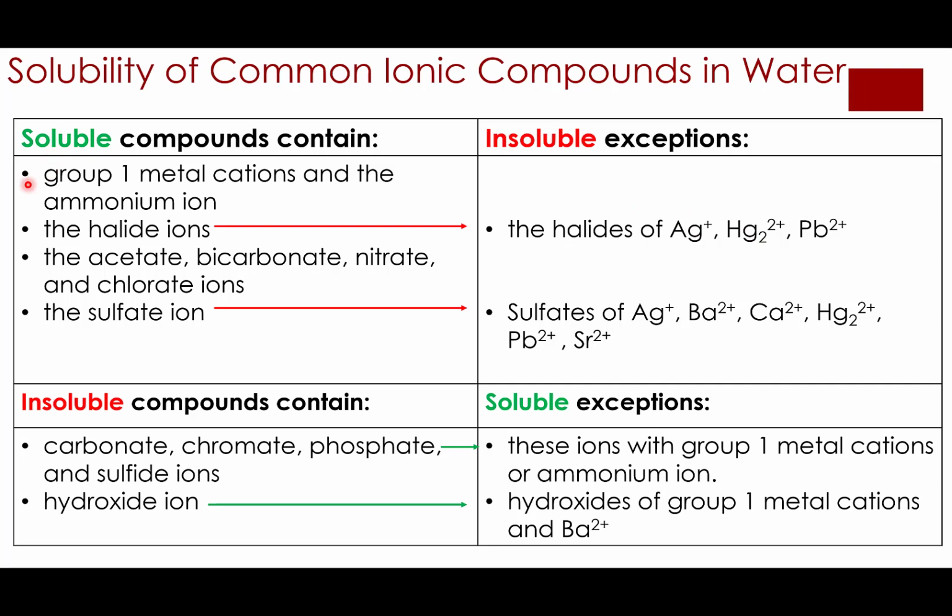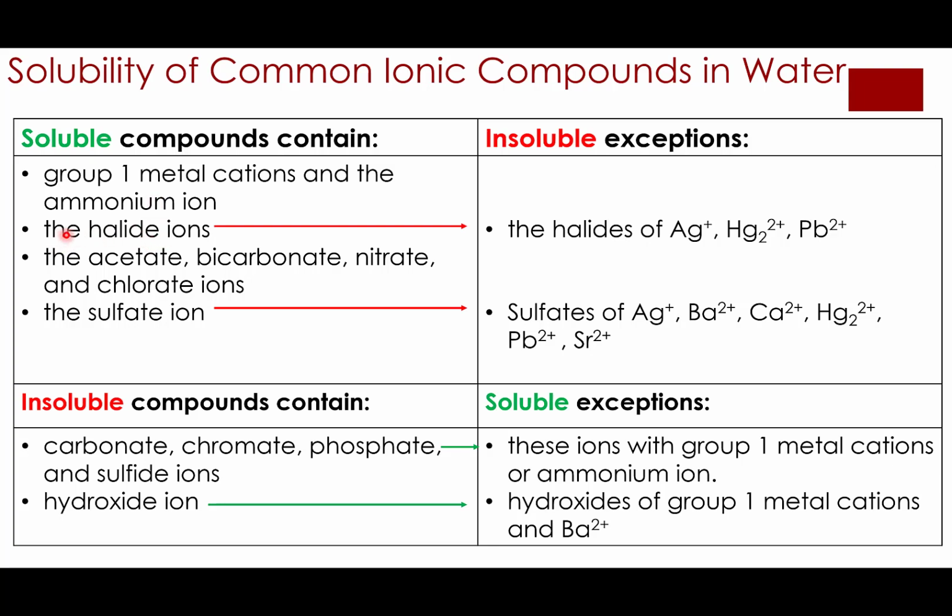So let's take a look. The first bullet point, group 1 metals and ammonium will always be soluble. As I come across here, there are absolutely no exceptions to the rule. So if it's a group 1 metal or if it is the ammonium ion, it will always be soluble.